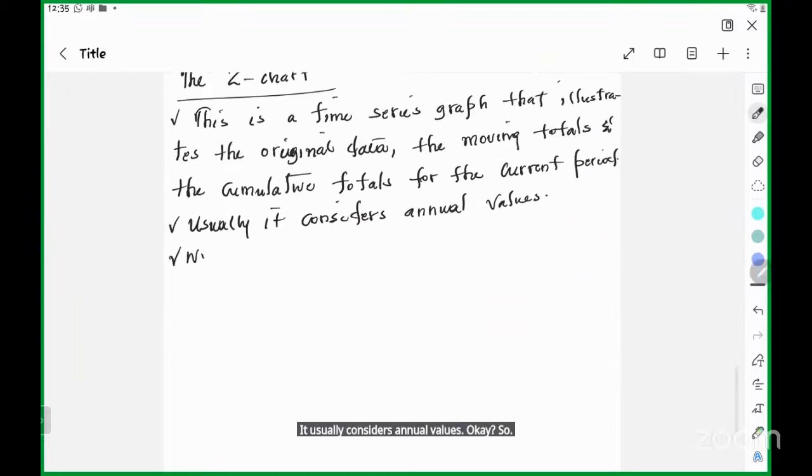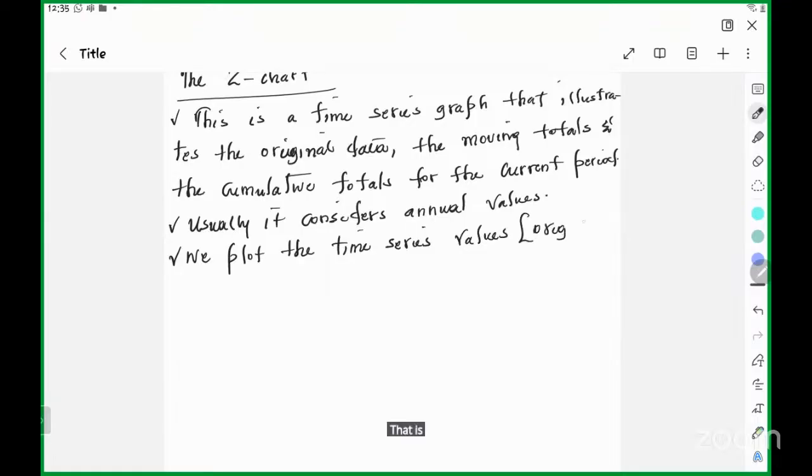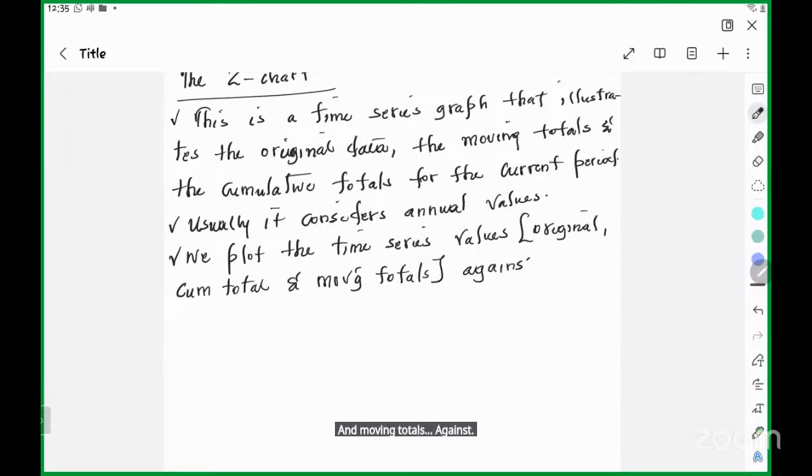So we plot the time series values, that is original, cumulative totals, and moving totals against the periods.